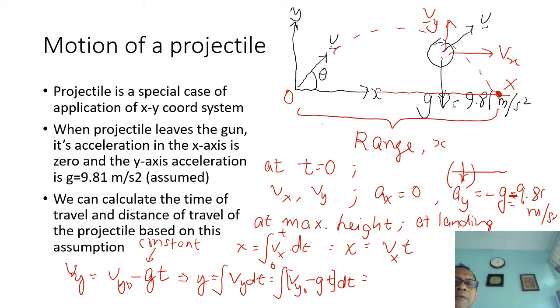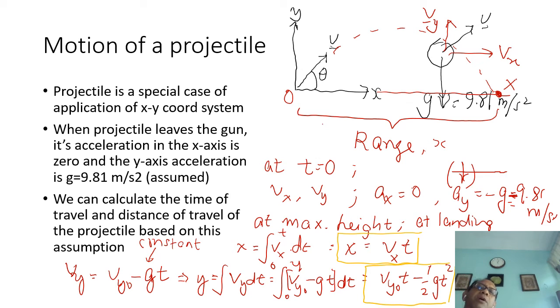So we will have, assuming it's from zero elevation, Vy naught t minus half g t squared. So that is the equation for the distance traveled in y and the distance traveled in x and y.